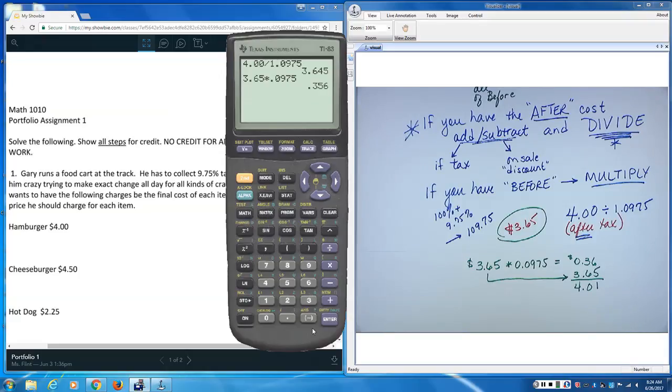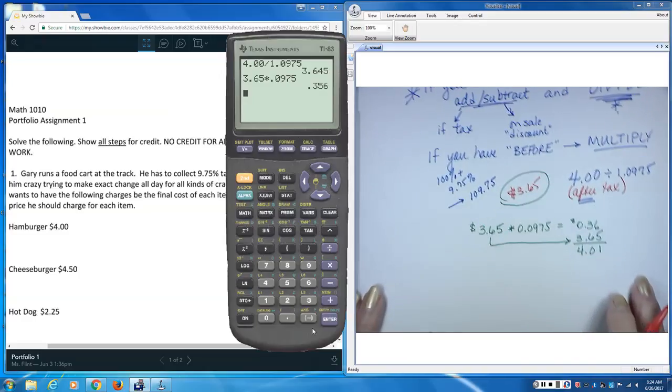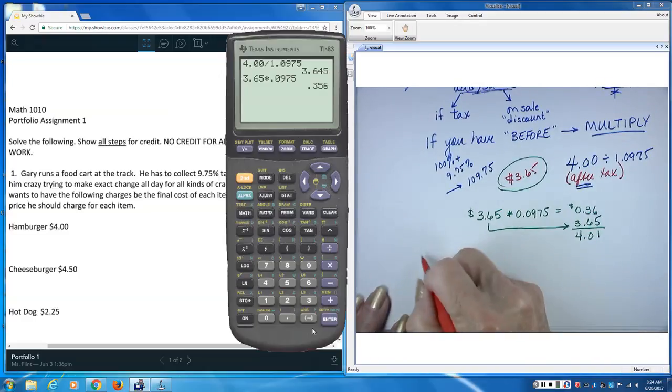Now, if you had done it the other way, this is what you need to think about. If you had thought that you were supposed to do it by multiplying 9.75% times the cost of the burger after tax, this is what it would look like. This is not the right way.